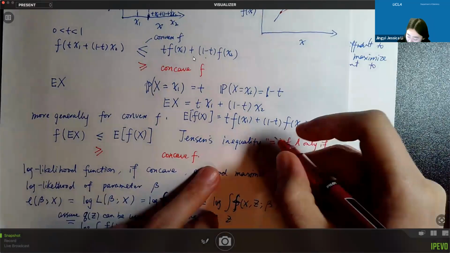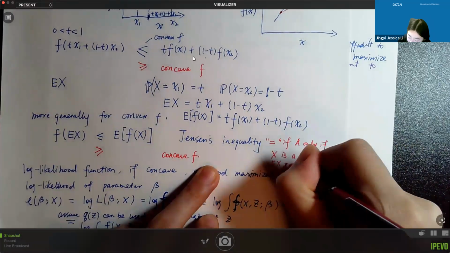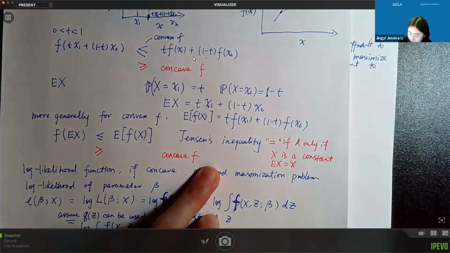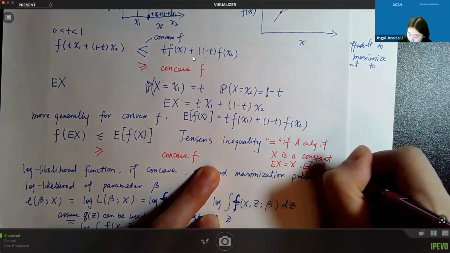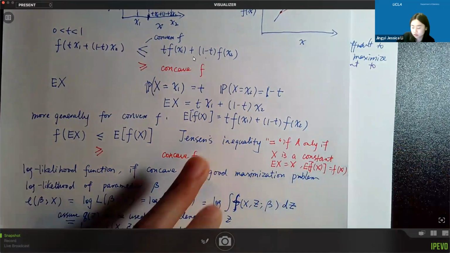That is, the expectation of x equals x, and the expectation of f(x) just equals f(x). That's what we have for a constant.